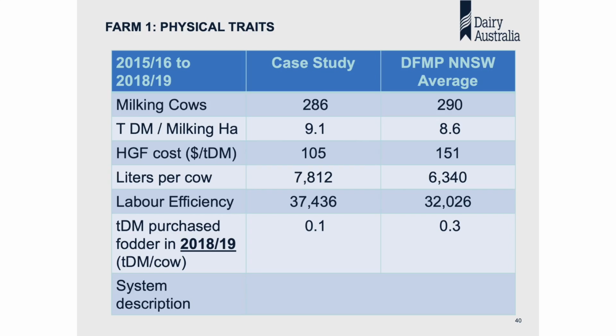Yeah. The figure down here, the tonnes of dry matter purchased, this is for the financial year, so this is a 1-year figure. And we can see your reliance on purchased fodder has been less than the northern New South Wales average, which has reduced your exposure to that really expensive fodder market.